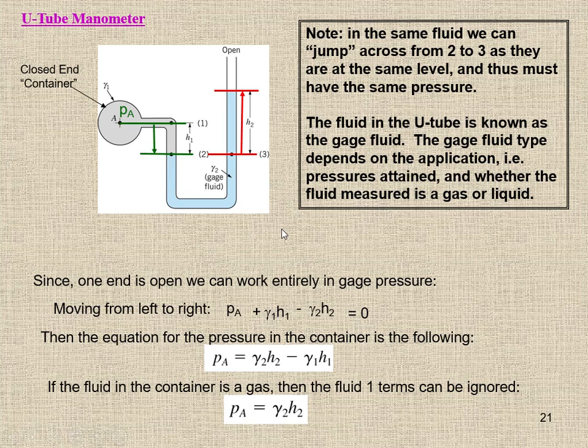So how do we measure the pressure by using the U-tube manometer? There are two ways. First, we take the lowest level of the gauge fluid, the manometric fluid, as the reference line. One way, we start from here and continue up to the other end.